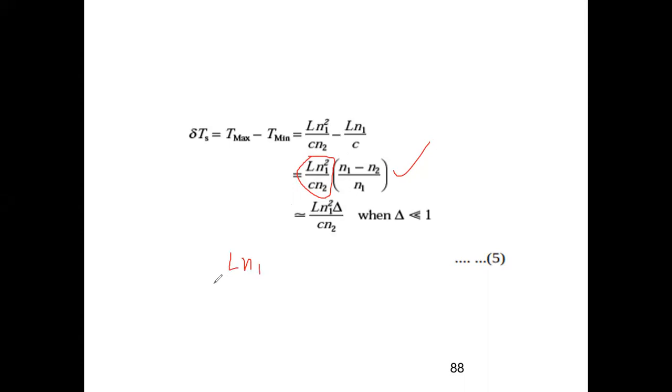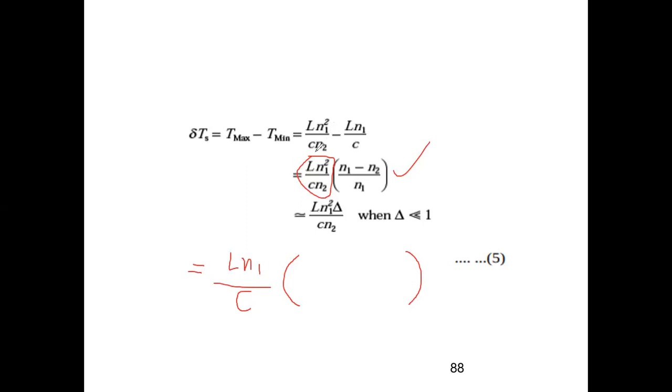You take ln1 upon c as common. And then what will be inside the bracket? n1 by n2 minus 1. Just see it properly.